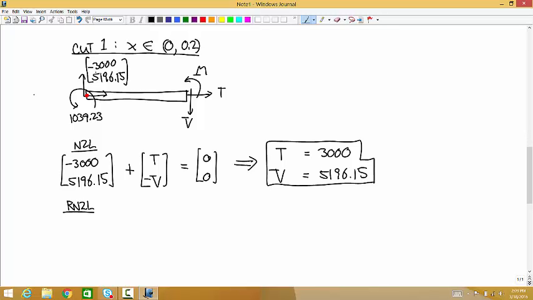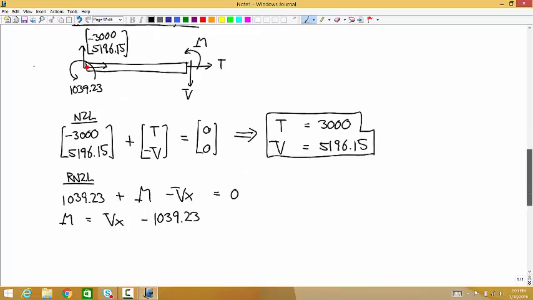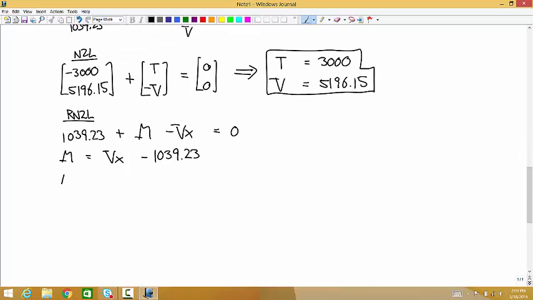The force vector at the left endpoint doesn't produce a moment about the left endpoint. We do add the couple, and then we have plus M minus Vx is equal to 0. So M is equal to Vx minus 1039.23, and so M is equal to 5196.15 times x minus 1039.23.